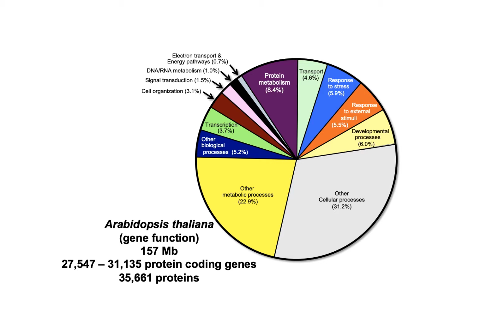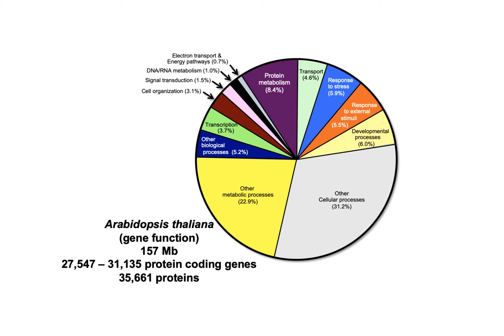Because its genome is so much larger than things like Saccharomyces, the percent of the genome set aside for RNA and DNA metabolism, signal transduction, cell organization, transcription, etc., appears to be smaller, but it actually has more genes involved in those functions than in Saccharomyces cerevisiae.